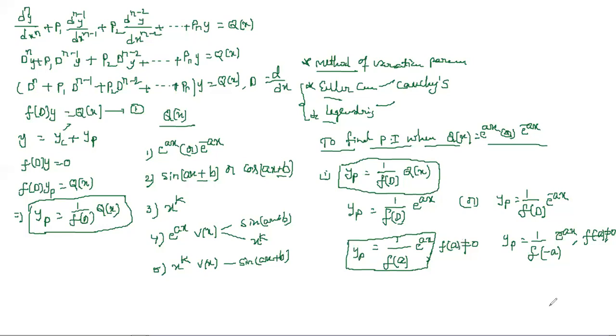Next, the second case. What is the second case? If f of a is equal to 0. So after substituting in the denominator, suppose you are getting 0. Then what do we have to do?